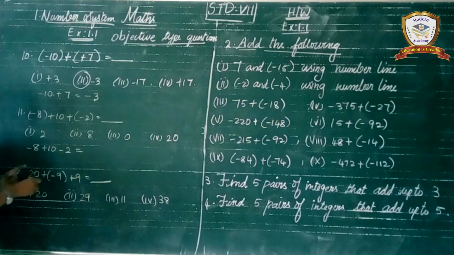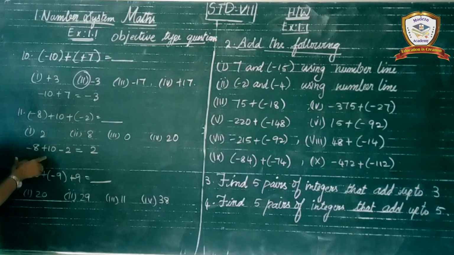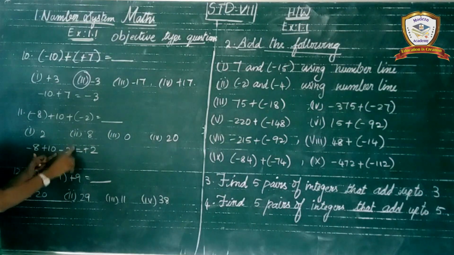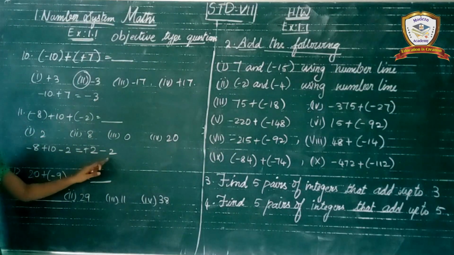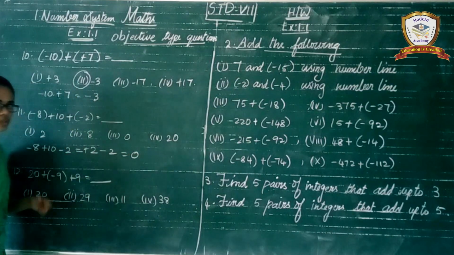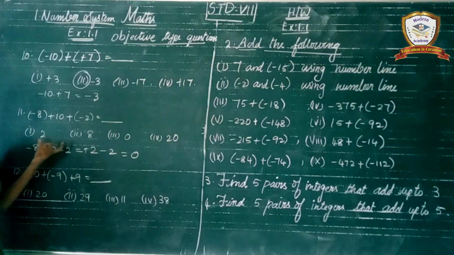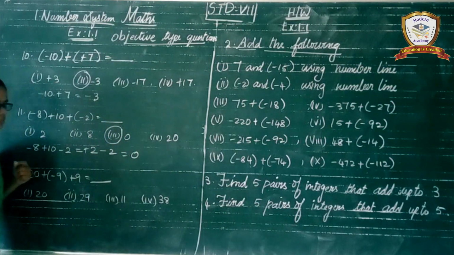So 10 minus 8, 2. So which is the biggest number? 10. 10 in front of the sign plus. So we mention here plus in our answer. And remaining as it is you want to write here. Right? Plus 2 minus 2. So 2 minus 2, what's the answer? The answer is 0. So which option is here? See here. Third option. So we will have third option.